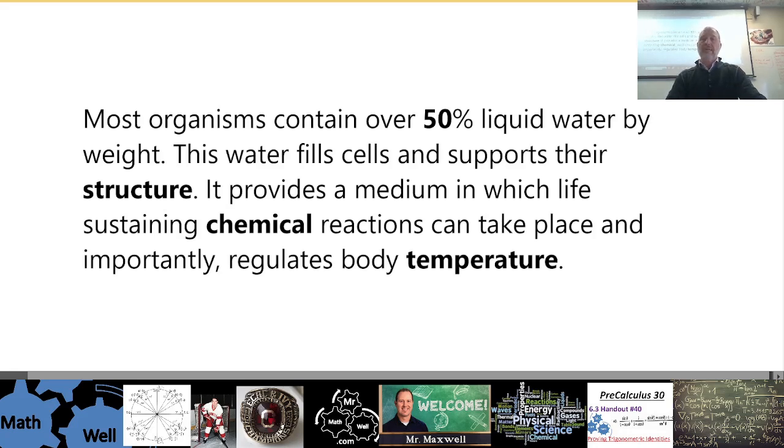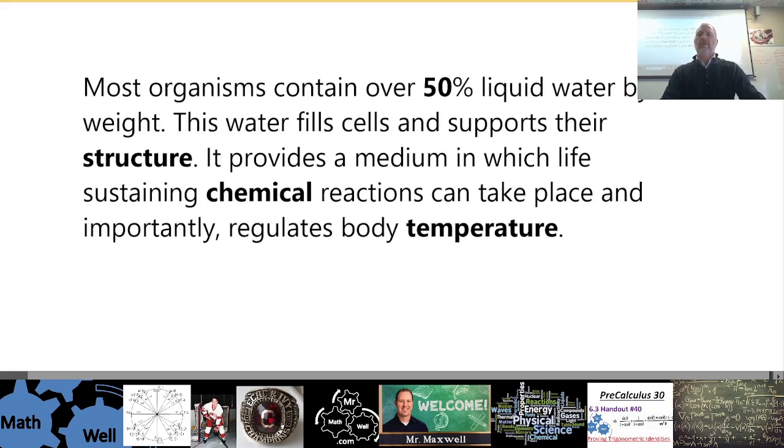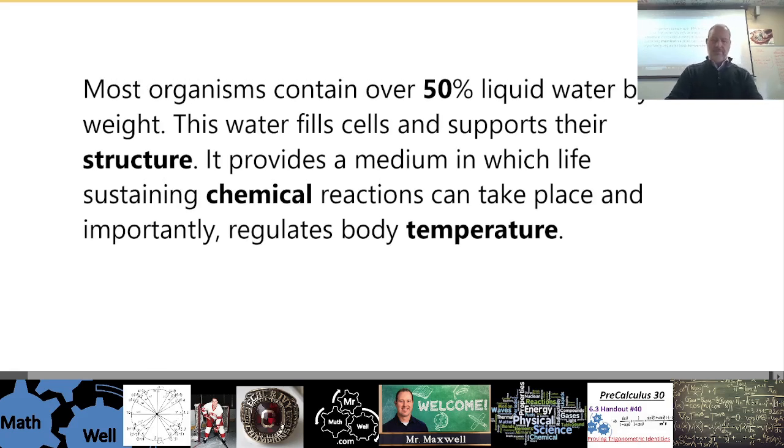It also provides a medium in which life-sustaining chemical reactions can take place, meaning a place for that to happen. And most importantly, one of the important functions of water in a body is to regulate body temperature. So water plays a very important role in how we live, even down to the cellular level.